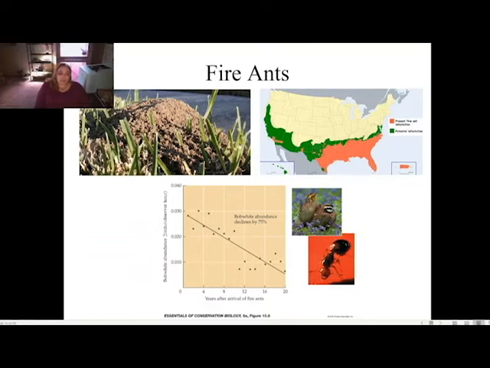In areas where the fire ants have shown up, the abundance of bobwhites declined by 75%, and that's over just 20 years of the ants being there. So they've caused a huge decline in this bird. And they're not the only ones being affected. Like I said, there's a ton of ground-dwelling mammals that are being affected, driven out, and eaten by these ants.